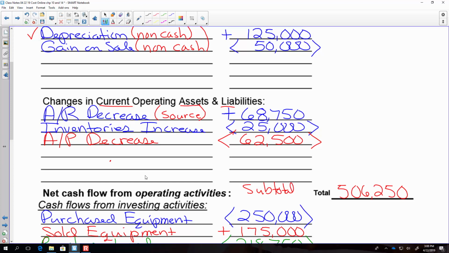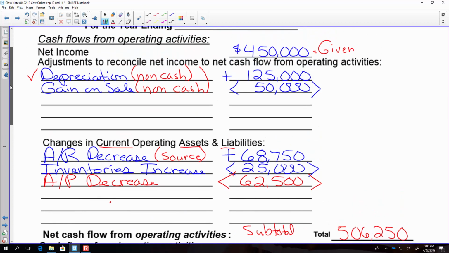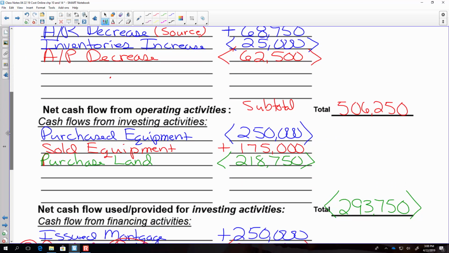So even though my income statement shows 450,000, cash flow was very positive, right, at 506,250. So that's a good sign. Our operation is generating lots of cash, $500,000 in this case.